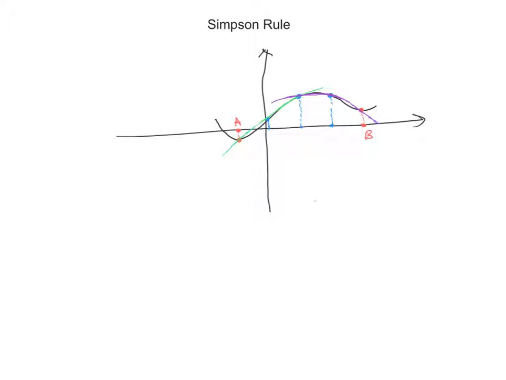Simpson rule is a second degree Newton-Cotes formula for approximating a definite integral.